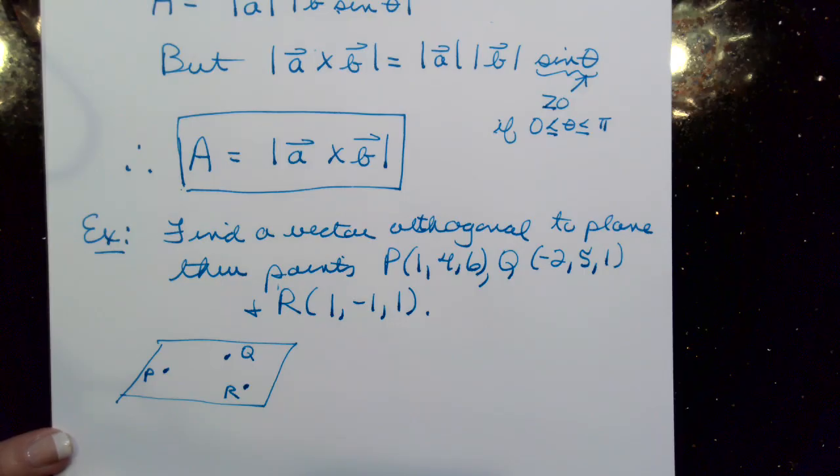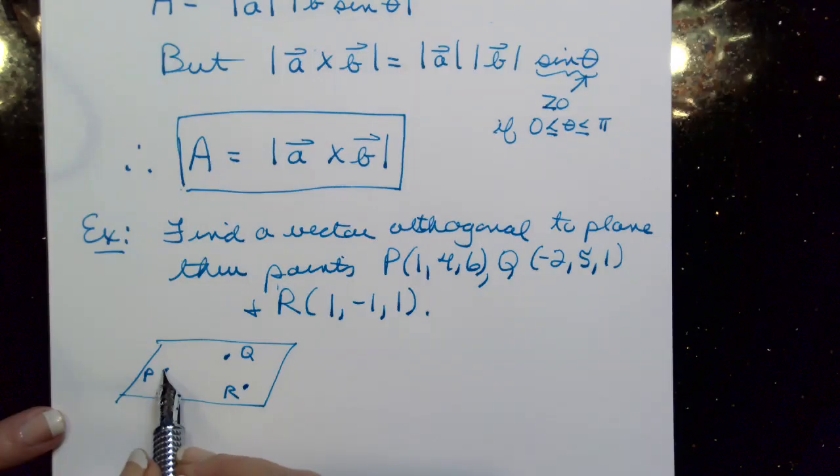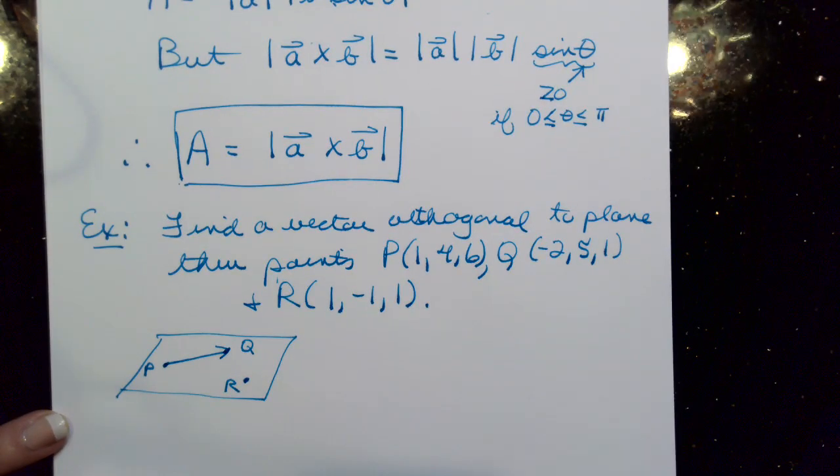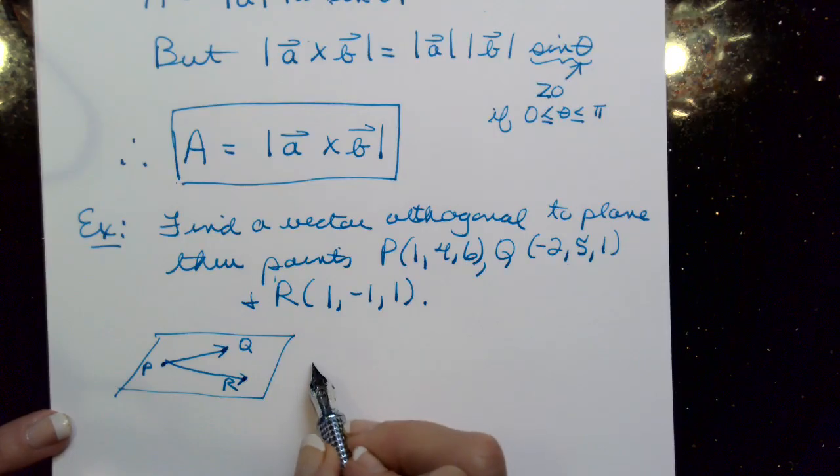But to do that, I'd have to have two vectors to take the cross product of. So if I'm given 3 points, how can I find two vectors to get the orthogonal vector I'm looking for? Well, one way would be to take a vector from P to Q and take another vector from P to R.